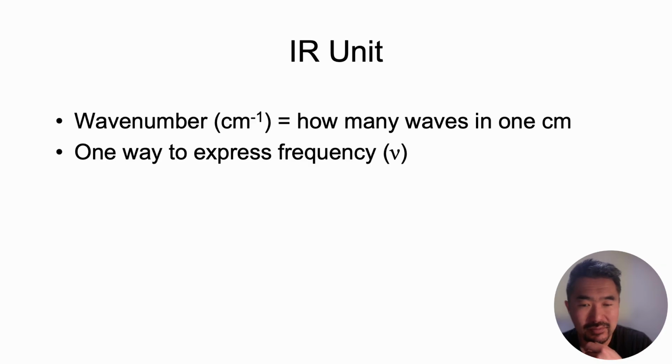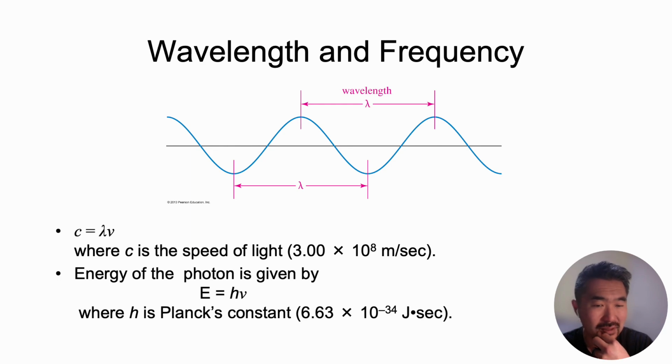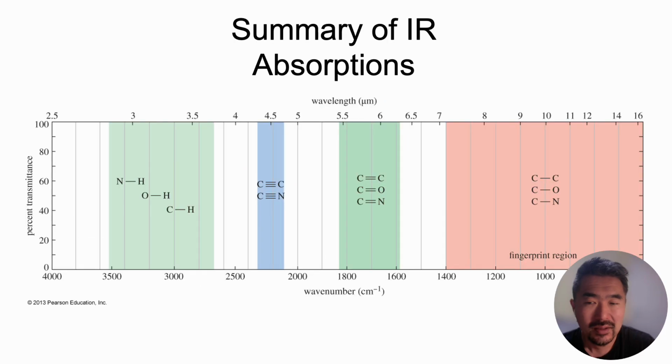It's just another way to express frequency, because the more waves there are in a centimeter, the higher the frequency. So I want you to be picturing something like this. If a lot of waves fit in a centimeter, it's a pretty high frequency, right? And the frequency, again, is directly proportional to energy, and that's what we just discussed.